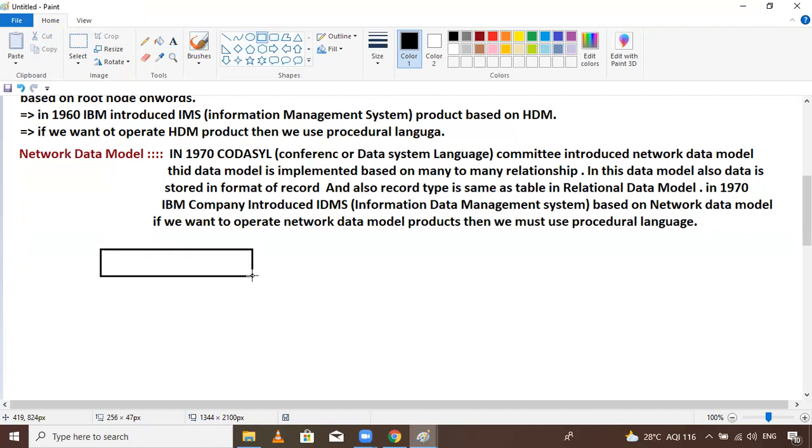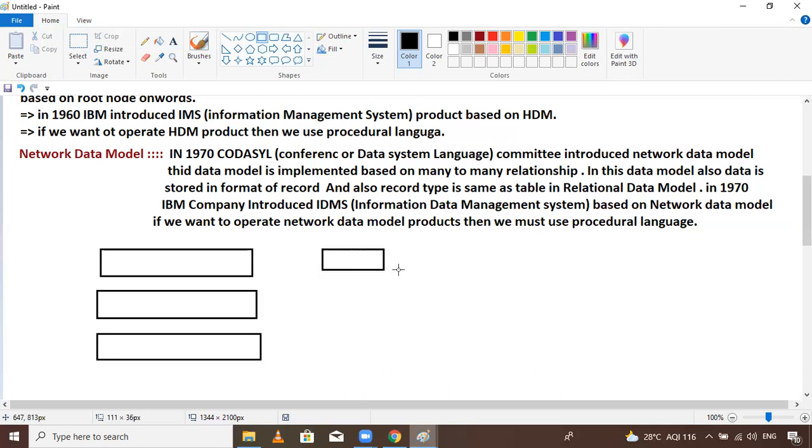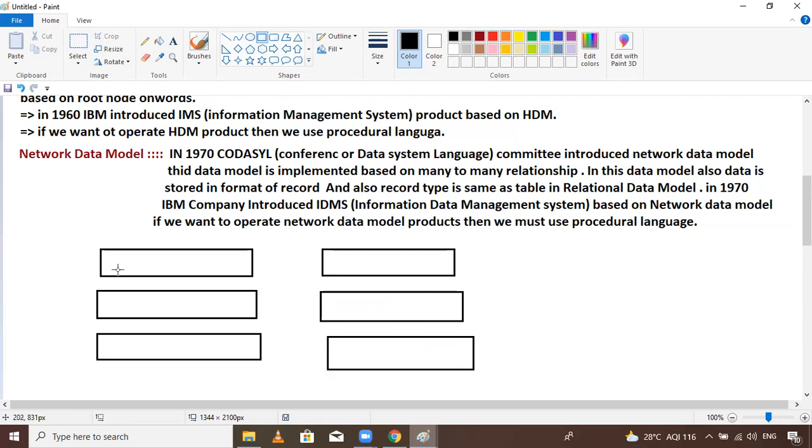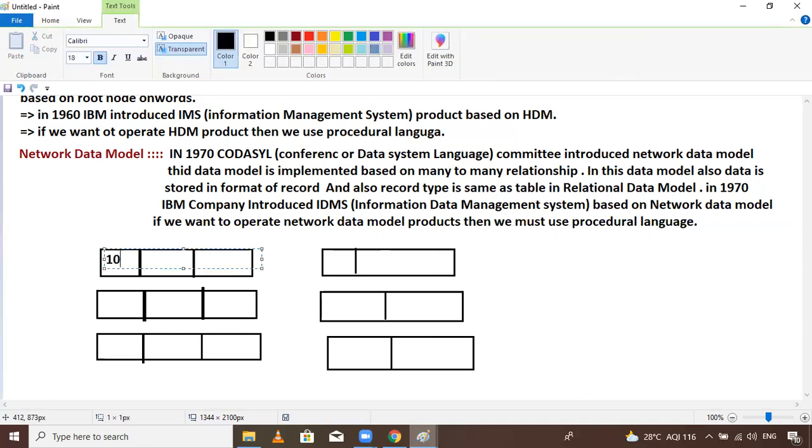Now suppose this one is one row. Now here the data is there. Here we have data 101.